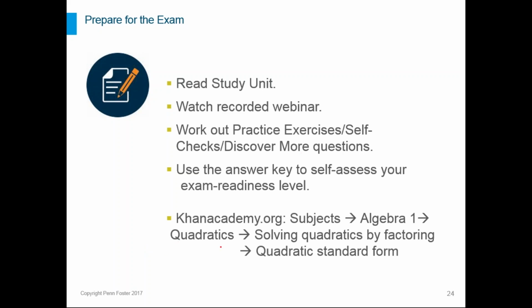Under Quadratics, you're going to see Solving quadratics by factoring, and also another topic, Quadratic standard form. They have a bunch of quizzes and videos on those two topics, and these will relate to what we have gone through today. It may have extra topics, but you can just select the ones that relate to our scope of study.